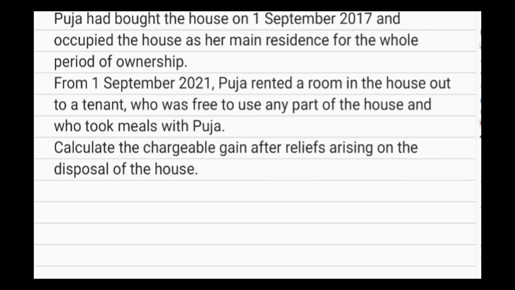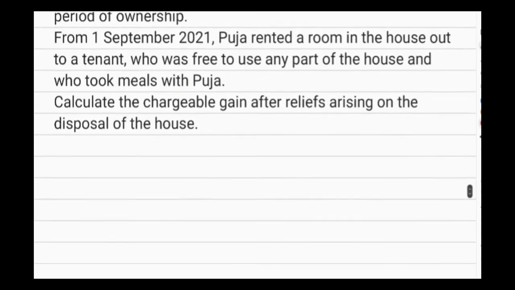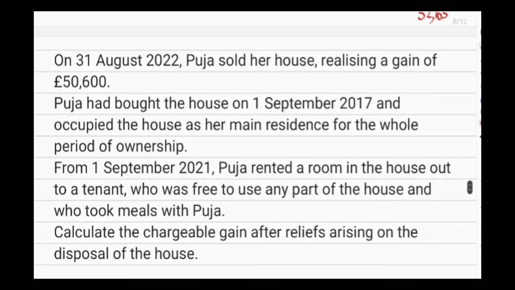As the tenant is sharing the place and taking meals with the owner, it qualifies for PRR relief. If the period of occupation is equal to the period of ownership, then 100% of the gain is exempt. So the whole gain of 50,600 will be considered exempt.